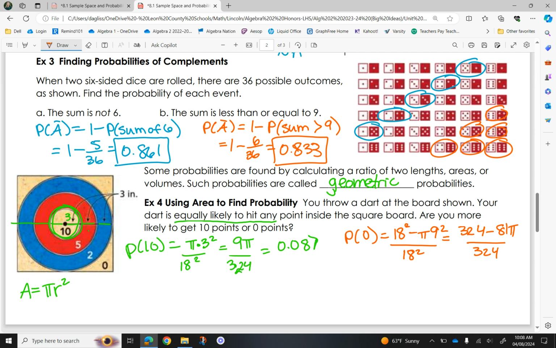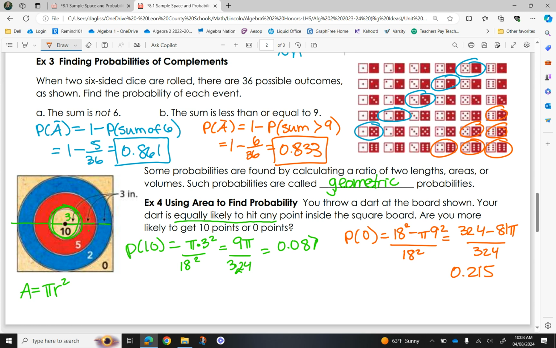What'd you get? 21%. About 21%? Yeah? So it was about 0.215, so about 21.5%. So are you more likely to hit 0 points or 10 points? 0. More likely to get 0 points.